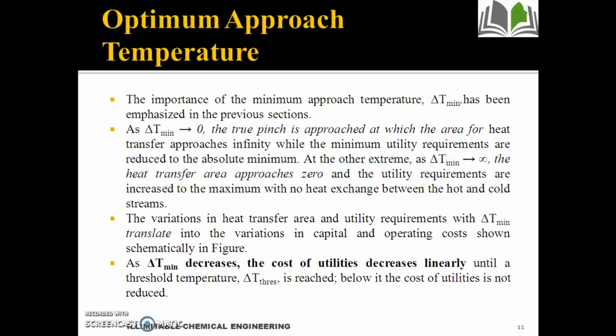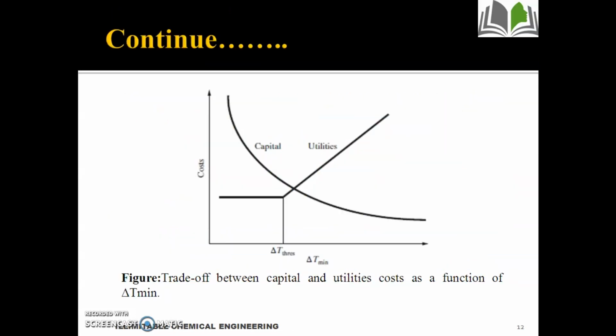As delta T minimum decreases, the cost of the utilities decreases linearly until the threshold temperature is reached, and when the threshold temperature is reached, the cost of the utilities will not reduce. Let's see this diagram, cost versus the delta T minimum.